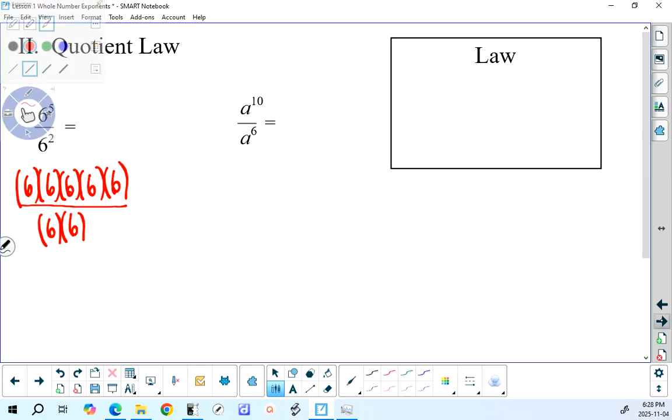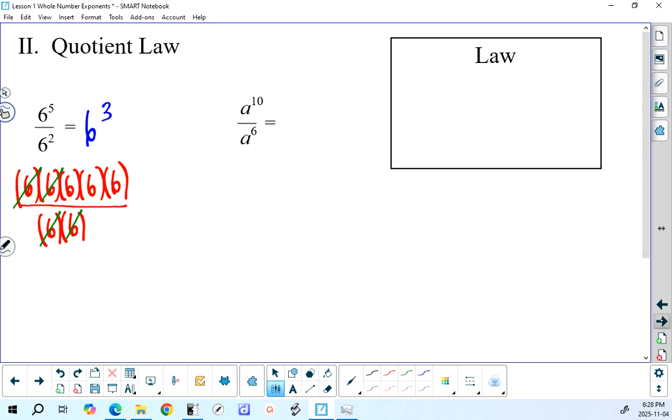Going back to some very early junior high-ish kind of stuff, if you have a factor of 6 on the top and the bottom, you can cancel them. So we can cancel 2 pairs of 6's and be left with just 6 times 6 times 6, which gives us 6 cubed. So 6 raised to the 5 divided by 6 raised to the 2 is 6 cubed.